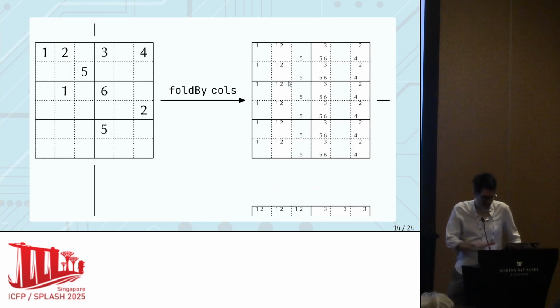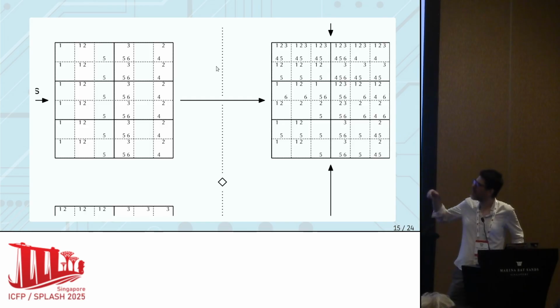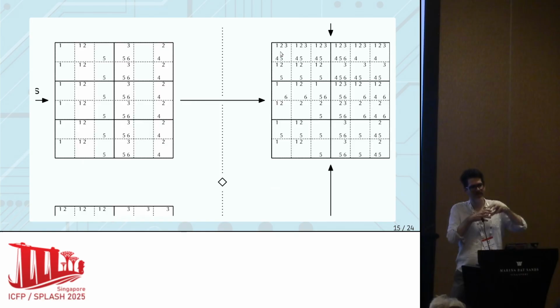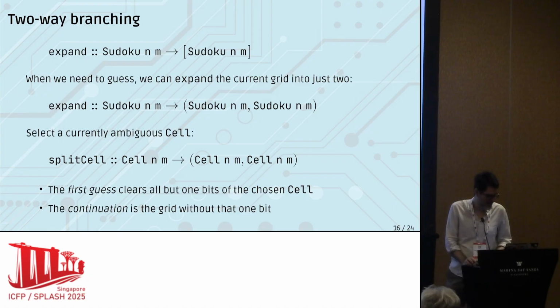So we first fold by columns. Yes, so you see that every column now gets the same value, which is the combination of everything in that column. And then when we put it all back together, these three neighborhoods of every given cell combine to give us the mask of everything that can see that one cell.